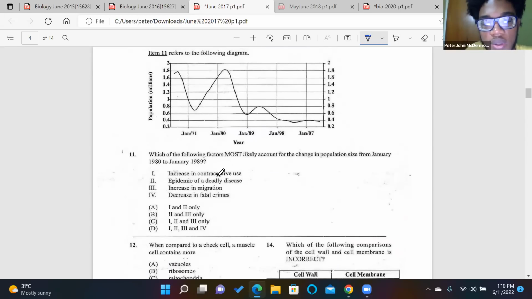1980 to 1989. What was the answer? Increase in contraceptive. There's an extra answer here, though.